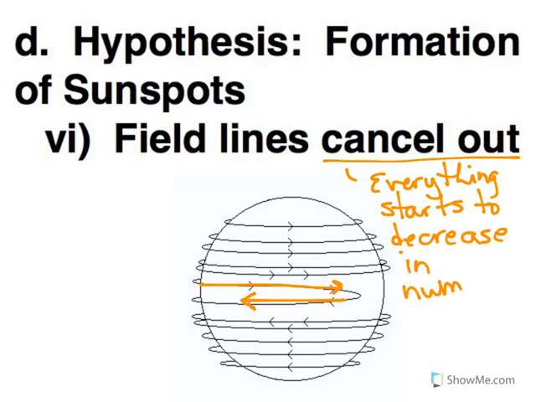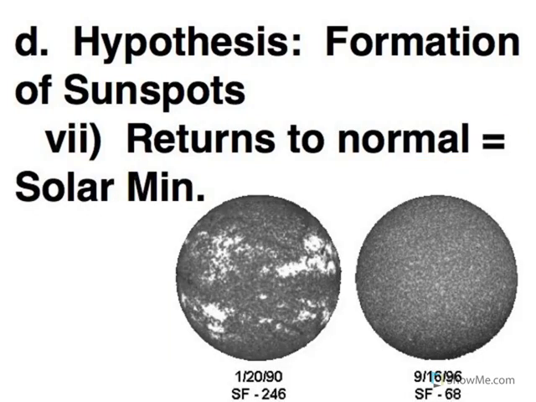So we're going to be seeing fewer and fewer sunspots, fewer and fewer prominences, fewer solar flares, fewer coronal mass ejections, until we're back to our undistorted magnetic field. And when the magnetic field is undistorted, that is solar minimum.